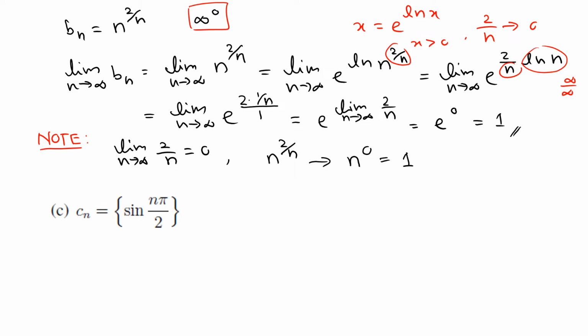This is not right. The reason is, in this case it is an infinity to the 0 situation. So this is infinity to the 0th power, which is an indeterminate form. It's not going to work this way because n is not a fixed number. Because n is also changing. Because 0 is not actually 0.